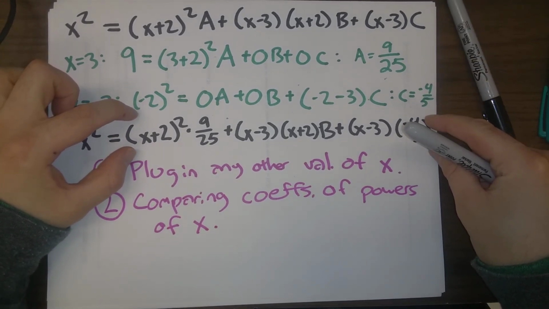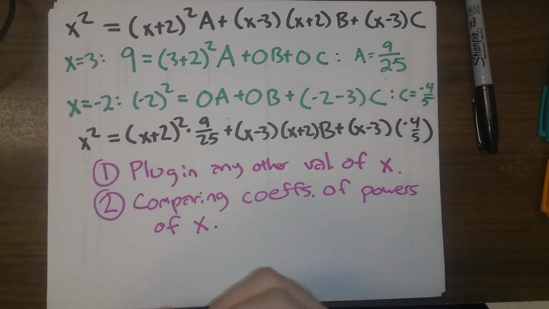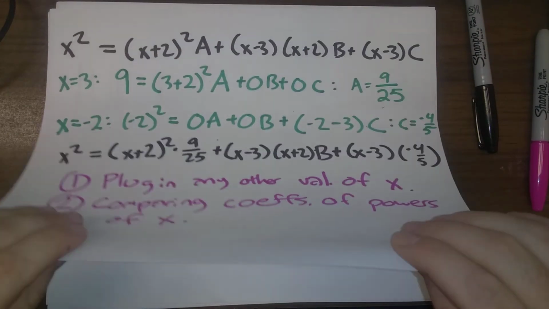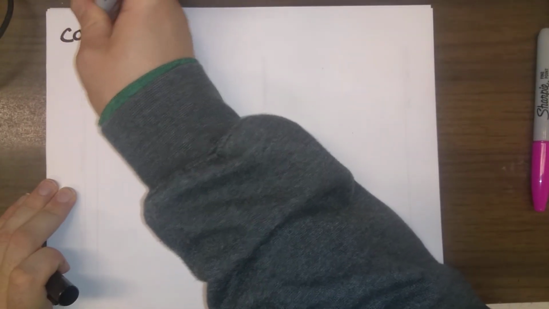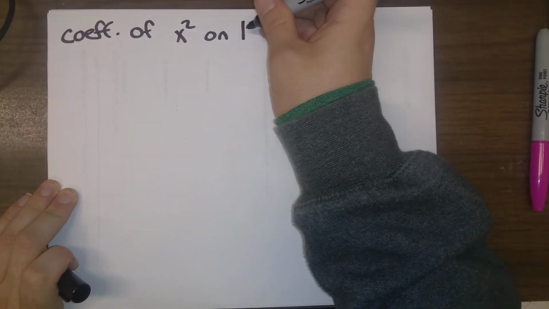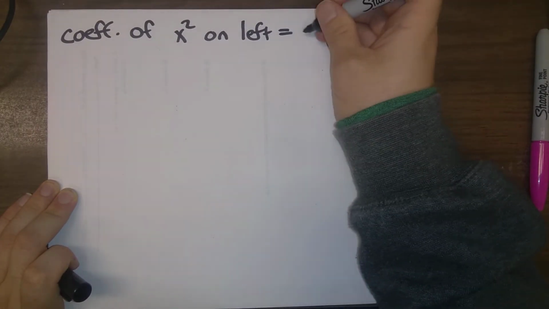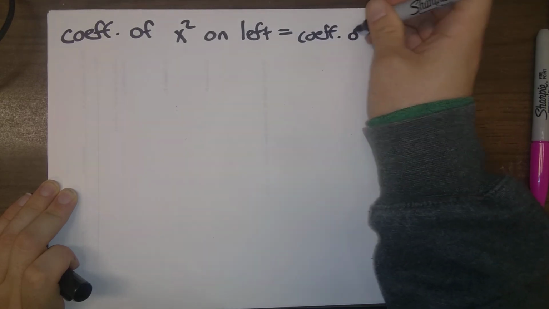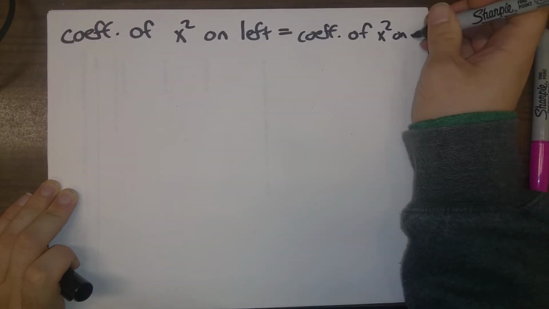And so that means that the coefficient of x squared on the left has to equal the coefficient of x squared on the right.